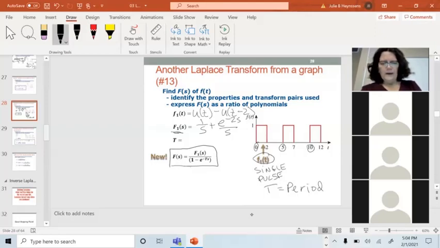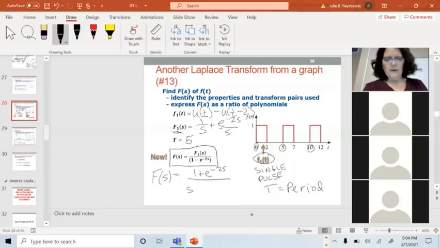We get the leading edge, so the period is 5. So then I just plug everything into the formula. It is 1 minus e to the minus 2s, and the s is in the denominator, and then I multiply by 1 minus e to the minus 5s.